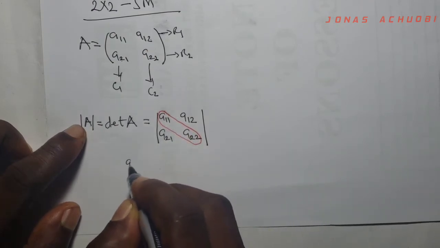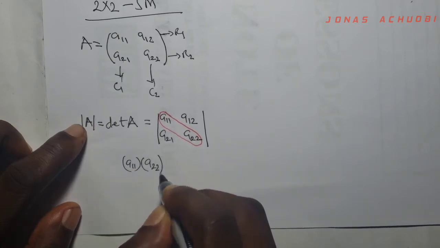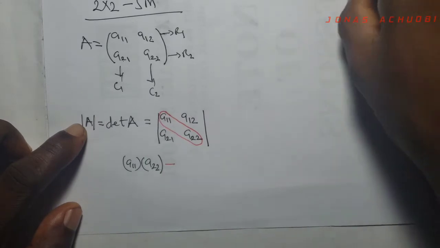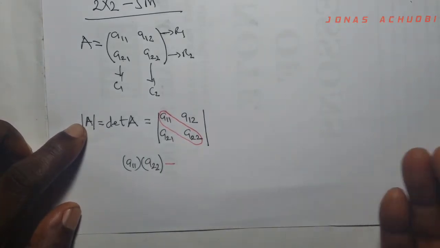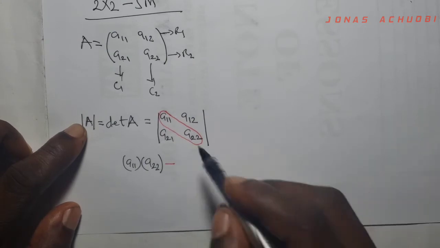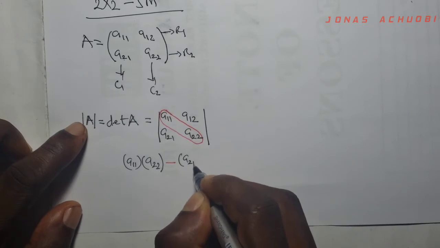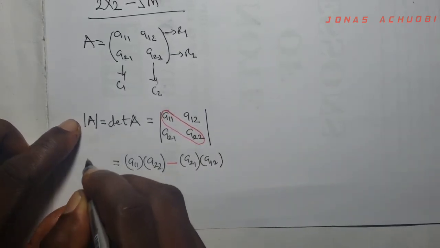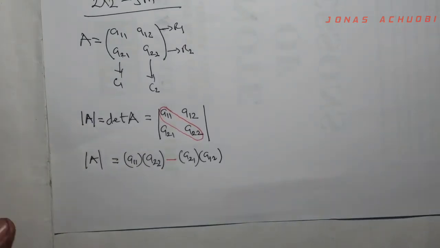In this case, they are a11 times a22. Then we subtract, we now say minus the product of the entries in the other diagonal, or let's say the off diagonal. And those are a21 and a12, minus a21 times a12. So when you do this, what you found is the determinant of matrix A, and that is it.